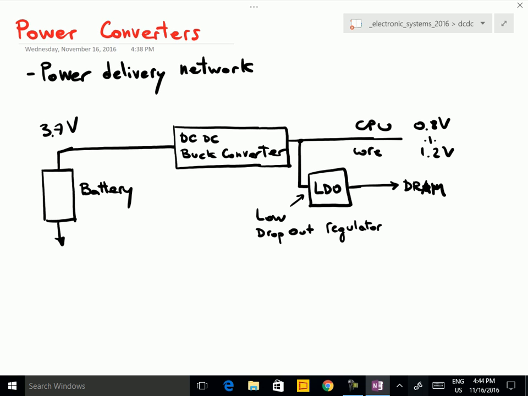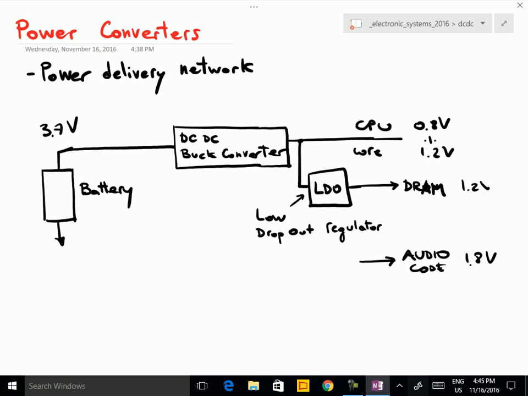Okay? We will not discuss them in detail because most of what is important for the LDOs have been already treated in the first course in electronics. Okay, but there are also additional blocks. Typically there is an audio codec which requires 1.8 volt.